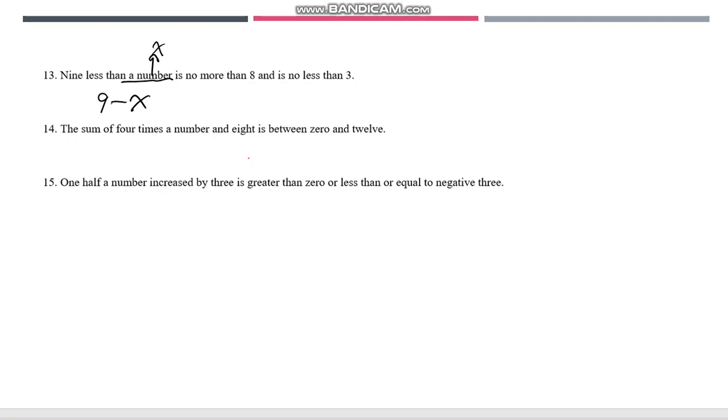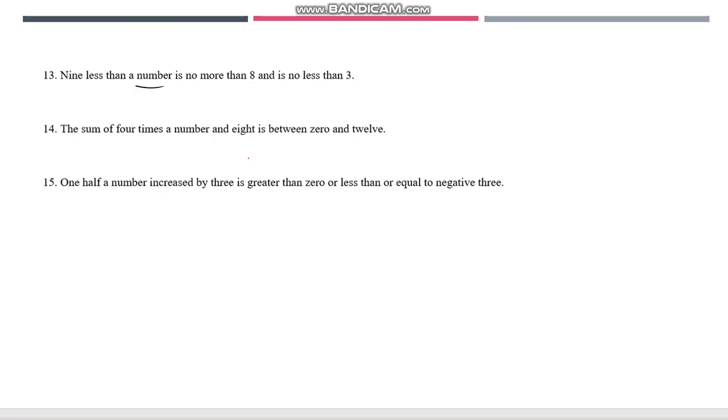It's no more than 8, therefore it is this, and no less than 3, therefore it is this. 9 less than a number. Hold on. Oh, no. I made a serious mistake over here. Sorry. This is not the answer. 9 less than a number.